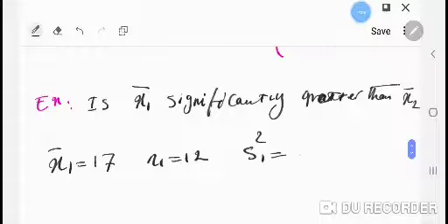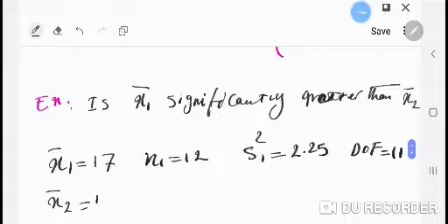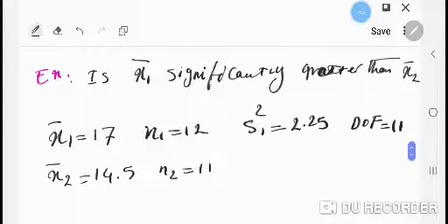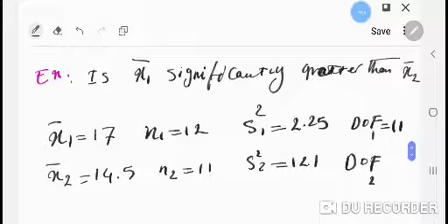The variance of sample 1 is 2.25 with degrees of freedom equal to the number of experiments minus 1, which is 11. And for x bar 2, the degrees of freedom is 10.